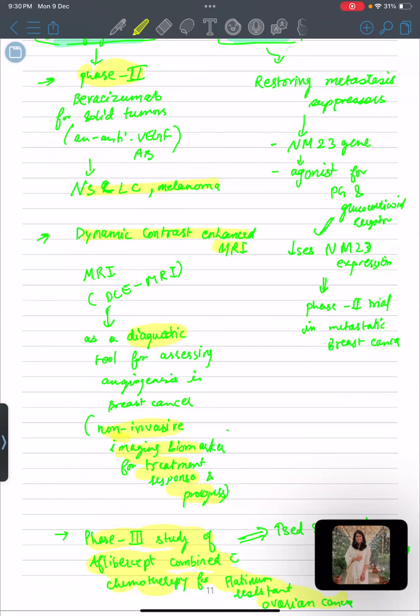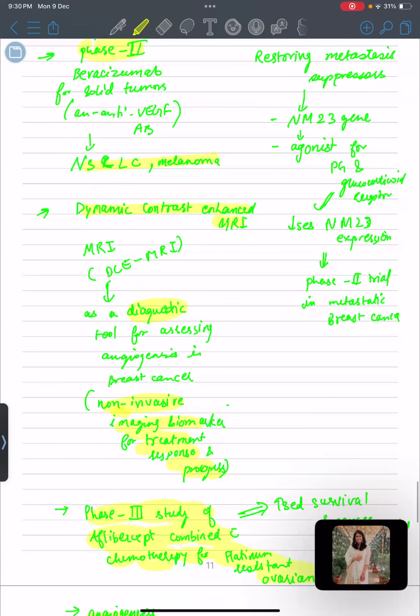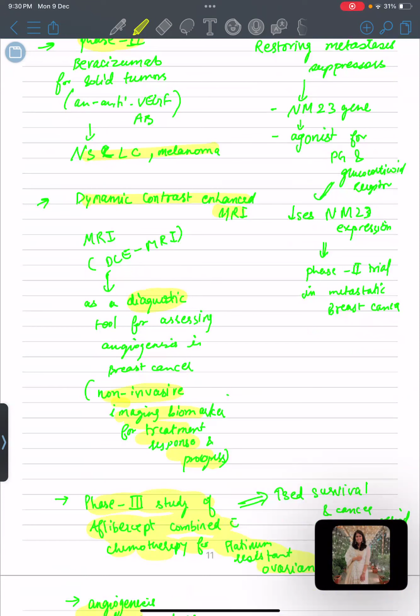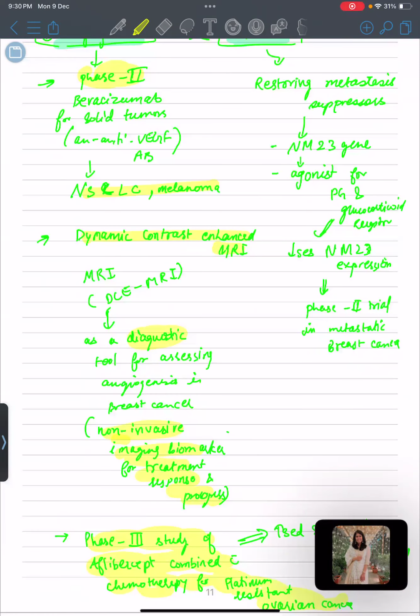That is helpful in restoring the metastasis suppressor. This was also seen in a study, in a phase 2 trial in metastatic breast cancer. You can see the effect of these agonists for progesterone receptors and glucocorticoid receptors in other cancers as well. Narrow it down to your area of research, whether such a topic exists or not. This breast cancer one definitely exists. That's why I've written it here.